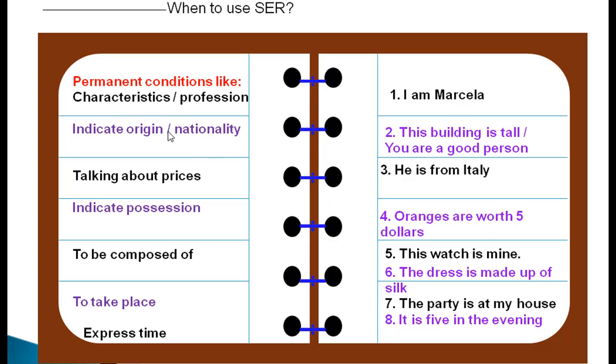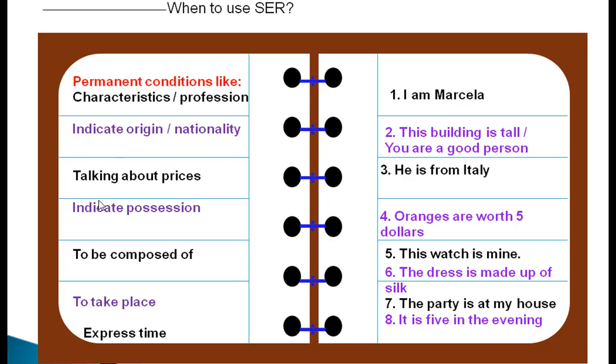Then another example of characteristic is you want to say this building is tall, or he is tall, or you want to appreciate someone, you are a good person, or he is a bad person. You are talking about characteristics. So then you'll use the verb SER.